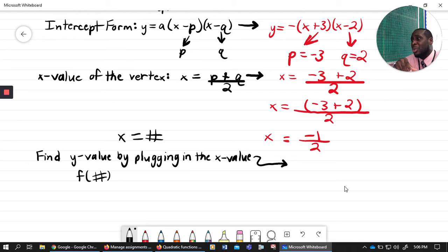And you're going to evaluate this particular equation. So everywhere, oops, give me a second. Everywhere where we have x, you're going to plug in that number, of course.